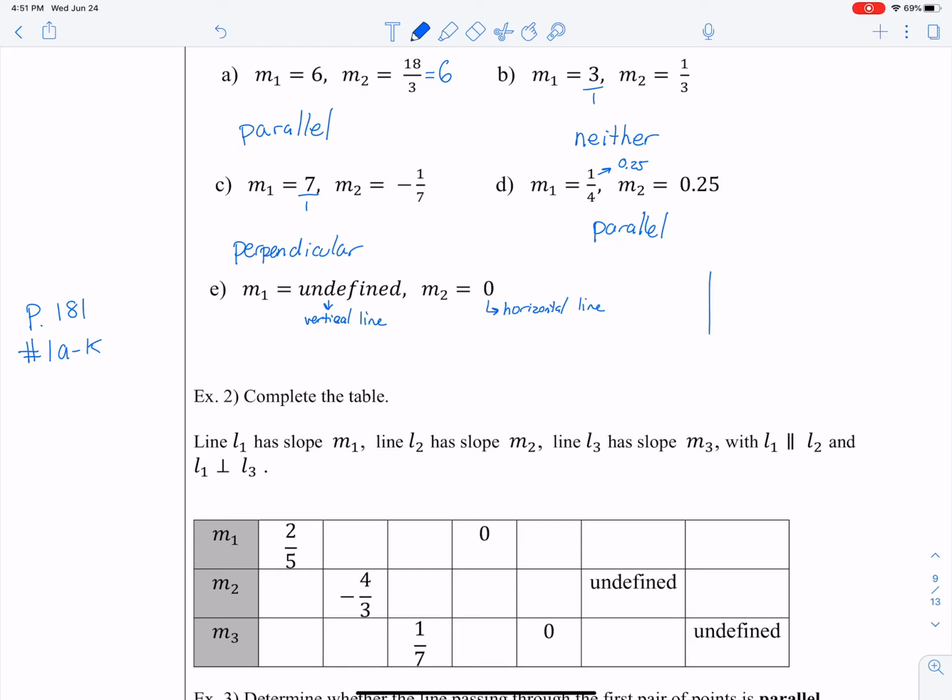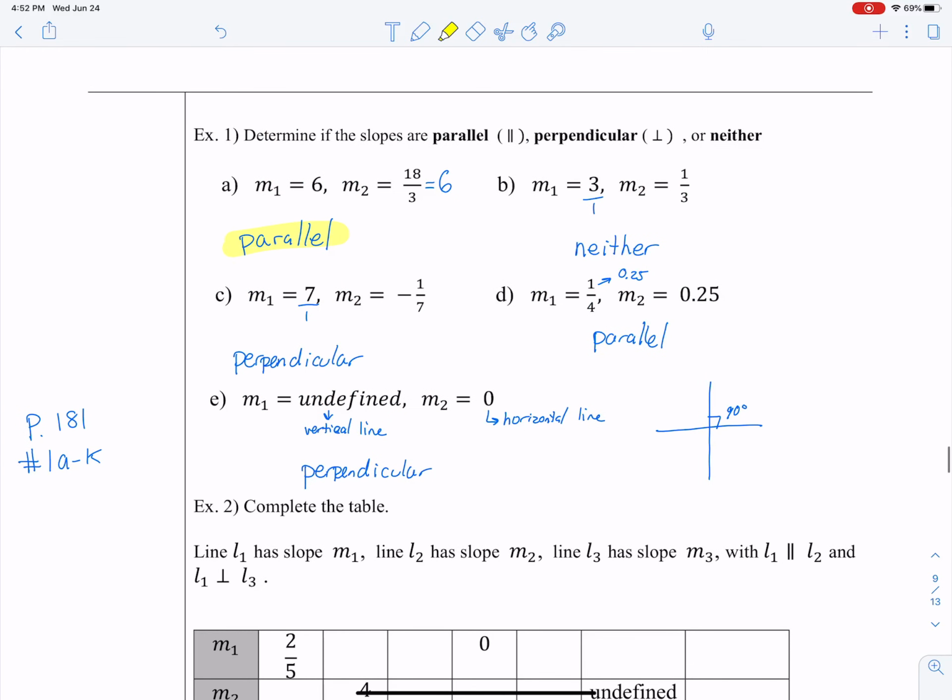So if we draw a vertical line and a horizontal line, it's like our axis, they meet at a 90-degree angle. So a vertical line and a horizontal line are negative reciprocals. So they're going to be perpendicular to each other. So these are our final answers for these questions.